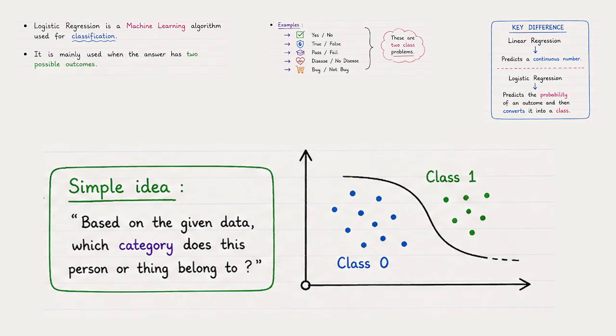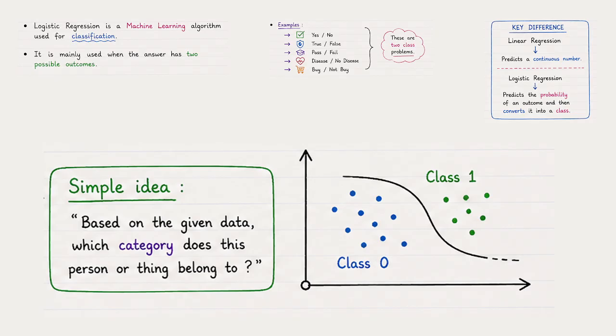So the basic idea of logistic regression is very simple. Based on the given data, it tries to determine which category a particular person or thing belongs to. The logistic regression algorithm takes the particular object that we want to classify and puts it into the appropriate class. And it learns from the past data that we use to train the model. So when we give it a new value or new data, it uses what it has learned to predict its class.